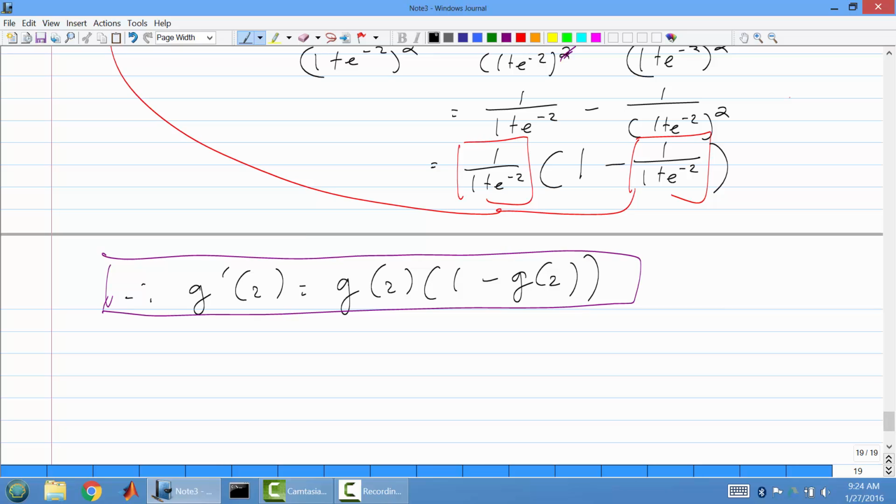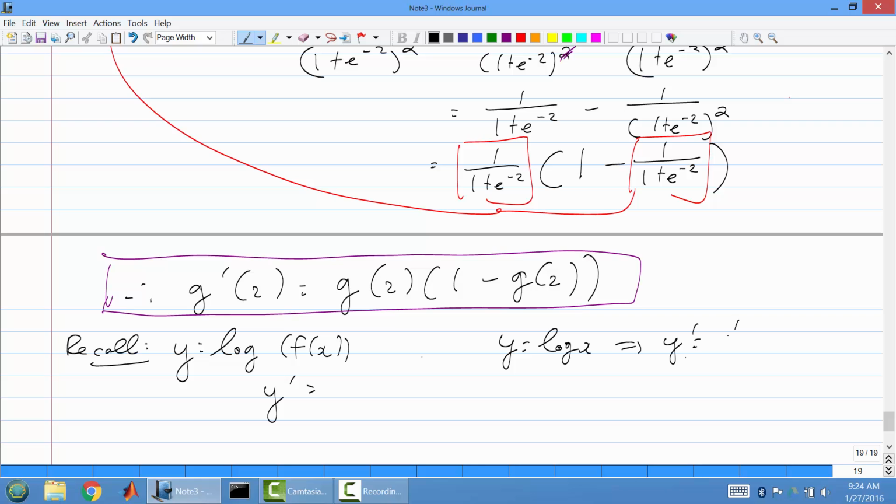That's good. So just a couple of other properties we're going to take a look at before we continue. Recall, if you take the log of a function, let's call this y. If y is equal to log of x and I took the derivative, it's just 1 over x, right?